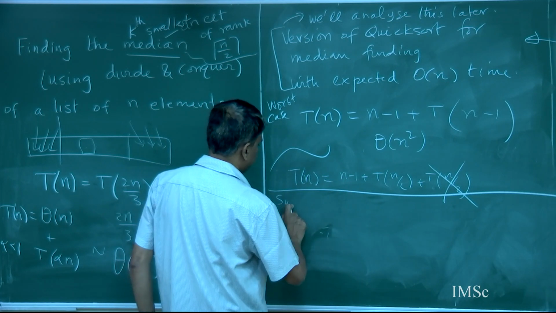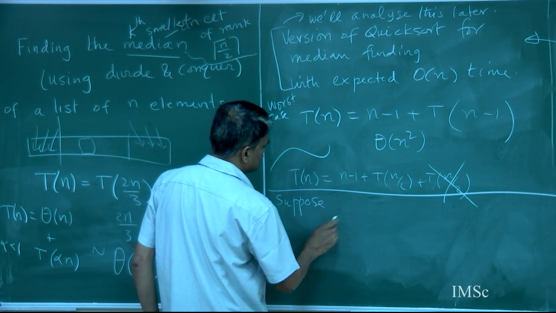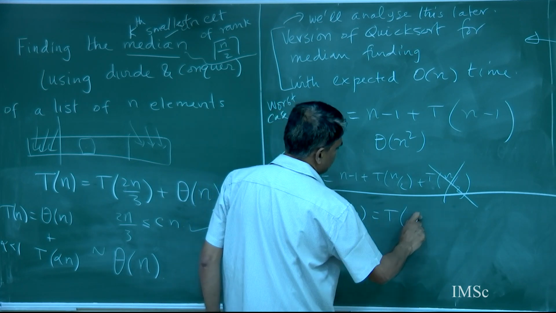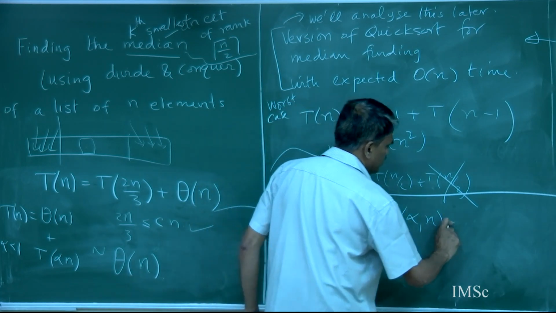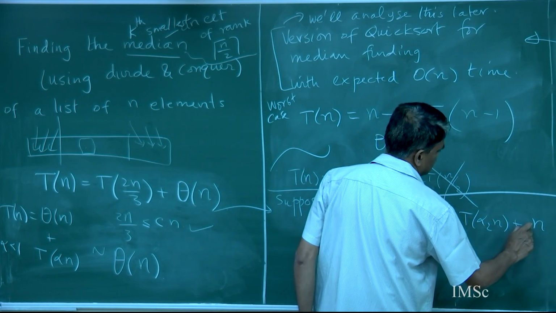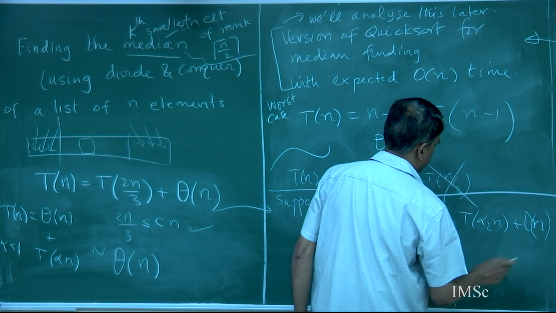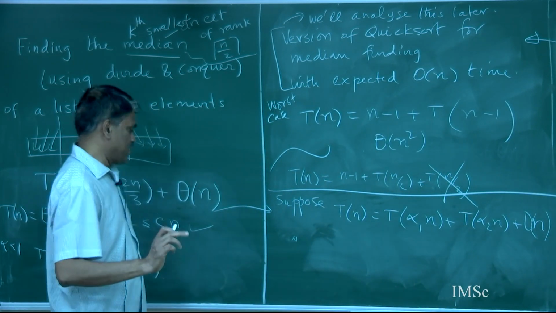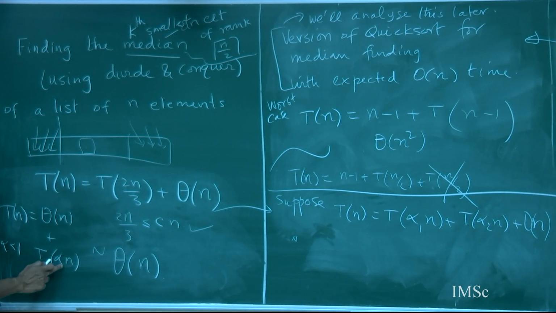Suppose I look at the recurrence relation where T of n is T of alpha 1 n plus T of alpha 2 n plus O of n, where alpha 1 plus alpha 2 is less than 1. Here we really wanted alpha to be less than 1, then only can we guarantee linear time. Because if alpha equals 1, it's bad, it could be n squared.